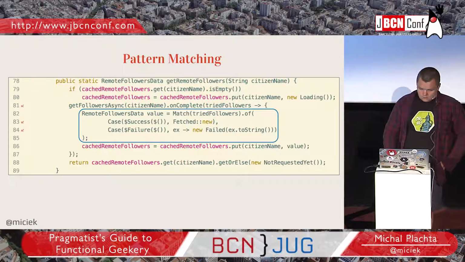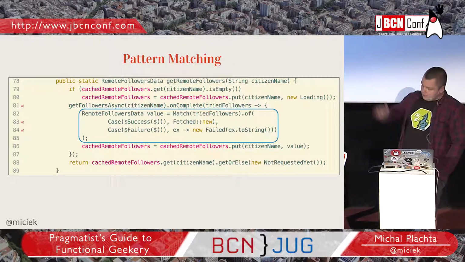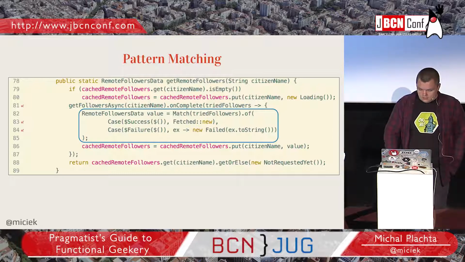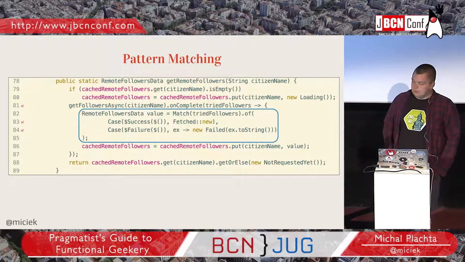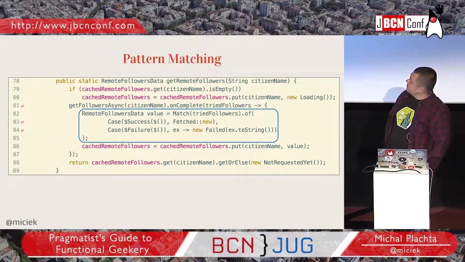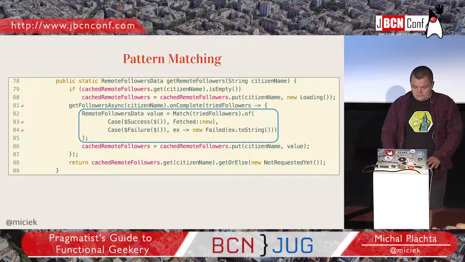So again, what we did is we had two cases for try, and based on that we return our remote followers data here. That's not a string, it's remote followers data, but the concept is the same. We create fetched for the success case, and we create failed, and both of them implement remote followers data.